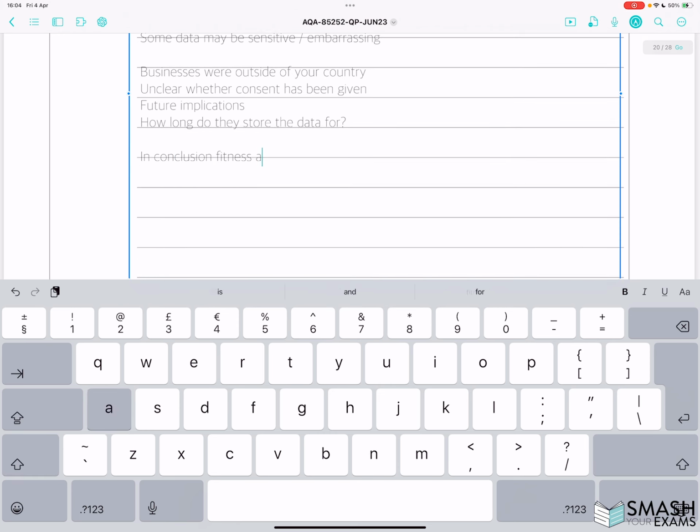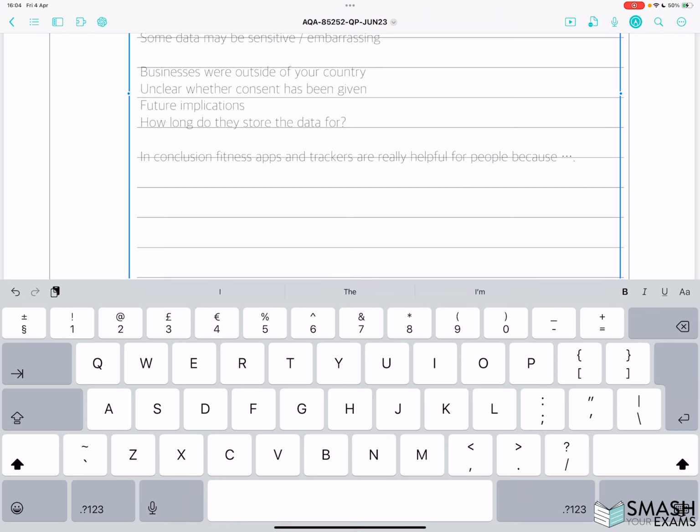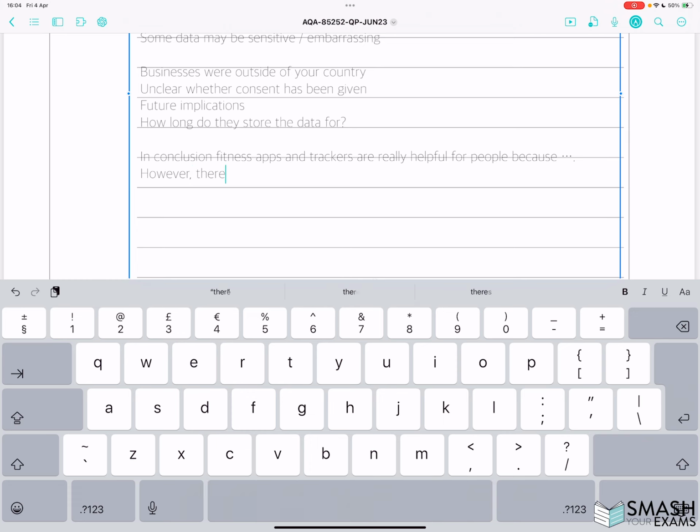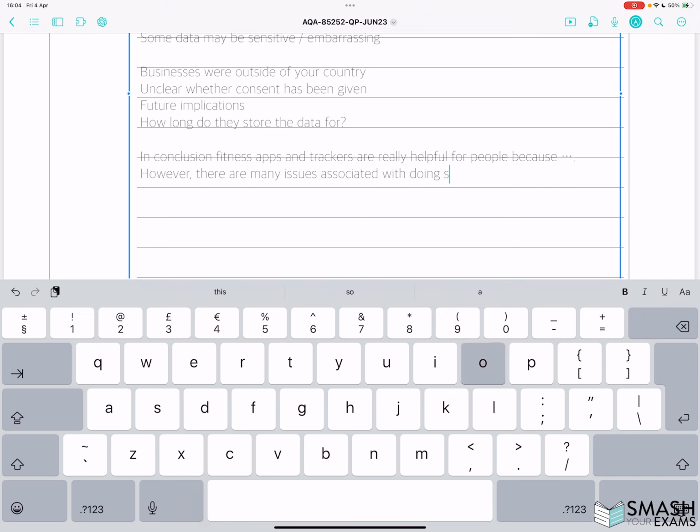fitness apps and trackers are really helpful for people because of X, Y, and Z, and you can fill in the gaps there. However, there are many issues associated with doing so, and in turn, you can give an answer to that bit as well.